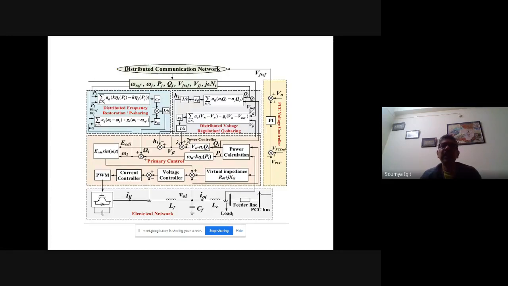And correspondingly, the distributed voltage and Q sharing and the distributed communication network. That means it is not only consensus-based control in a physical system; the congestion in the communication network and the distributed communication topology is also dominating in order to track the reference.